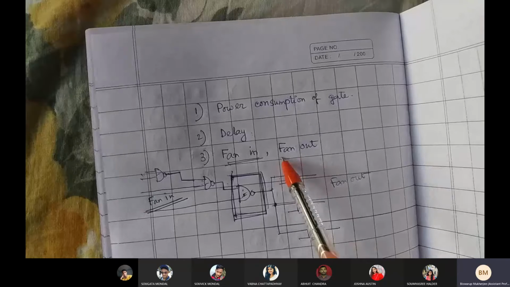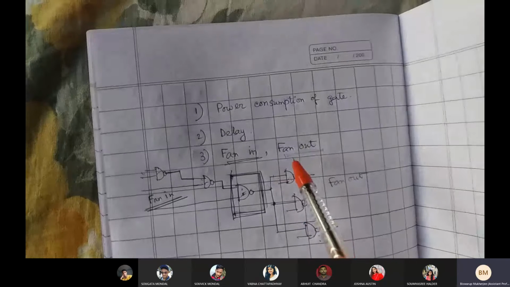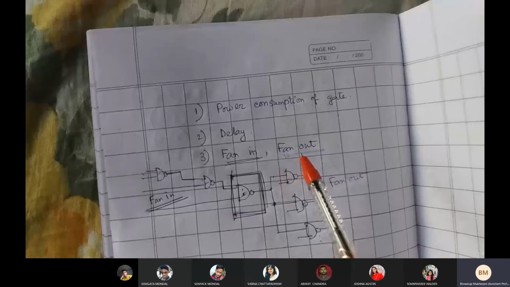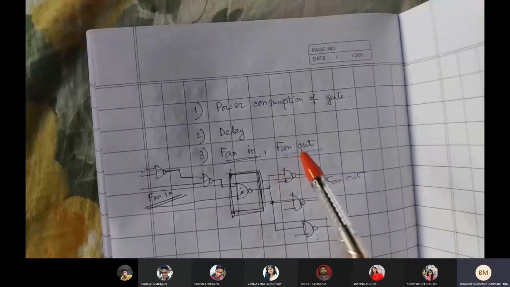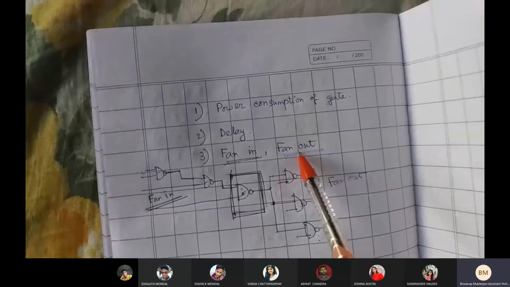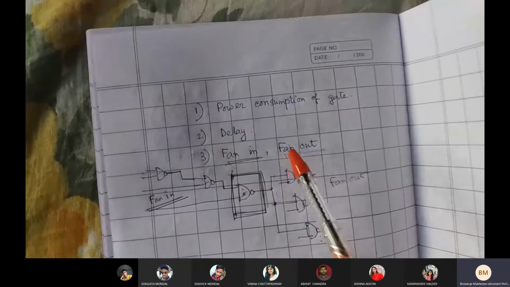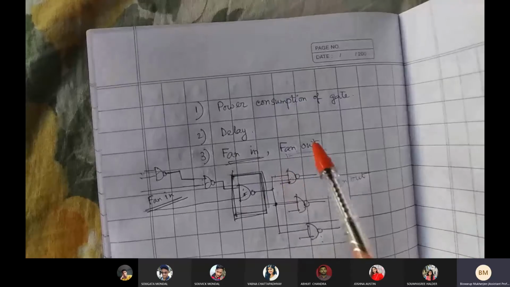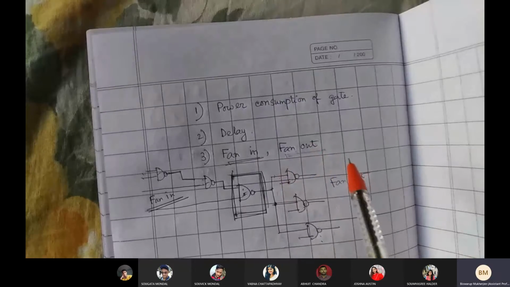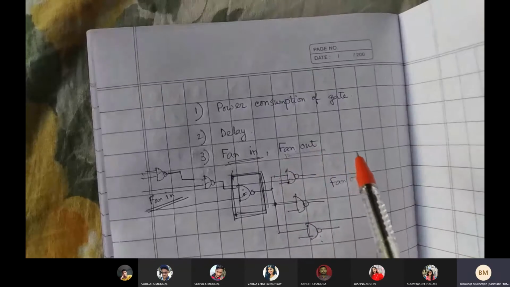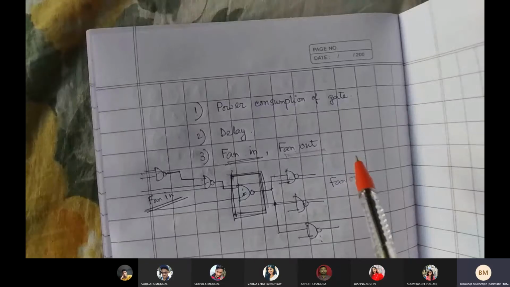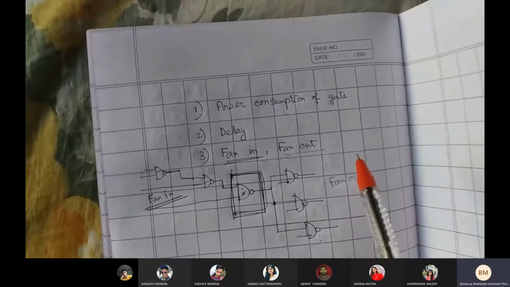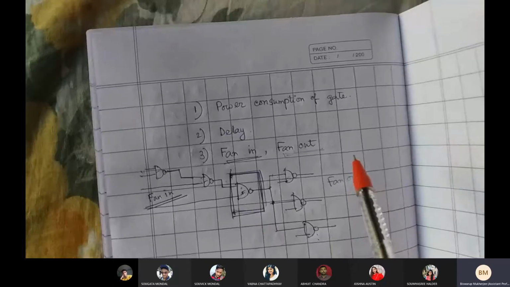So fan-in and fan-out, these two are also parameters which are related to digital ICs. Now the point is, again, for the same thing, the fan-in and fan-out for different gates and different ICs are different. So that is why we would like to stick with a similar category of IC or similar category of gate in order to make our entire design.